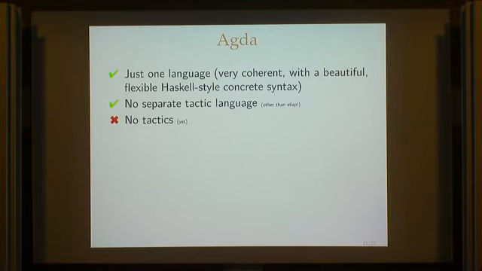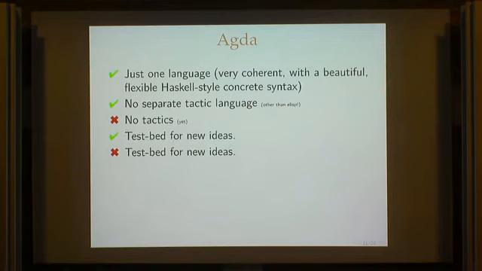What's bad? Well, it doesn't have tactics. So that's bad, I suppose, if you like that. There are experimental uses of reflection to build tactics, but not in the standard released version of the thing. What else is good? Well, it's like Haskell.